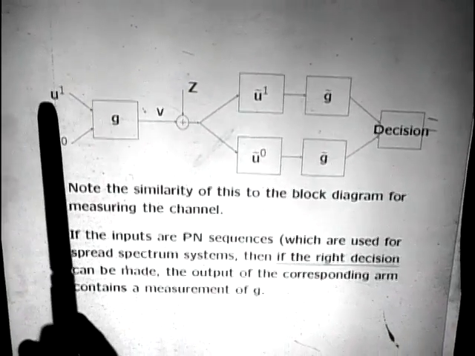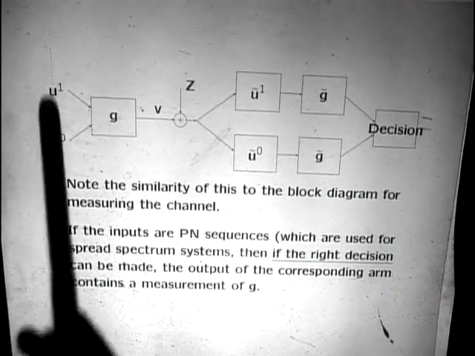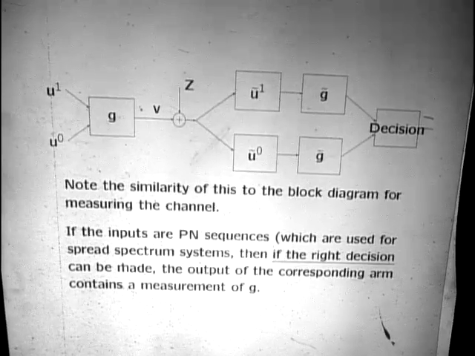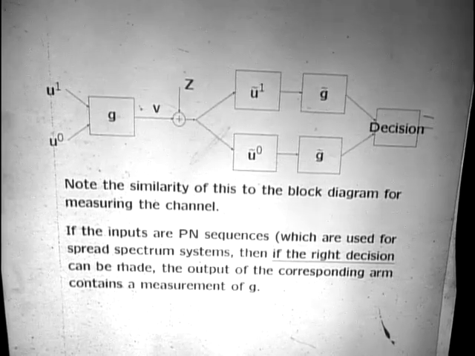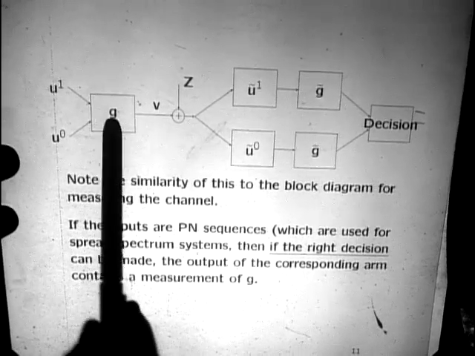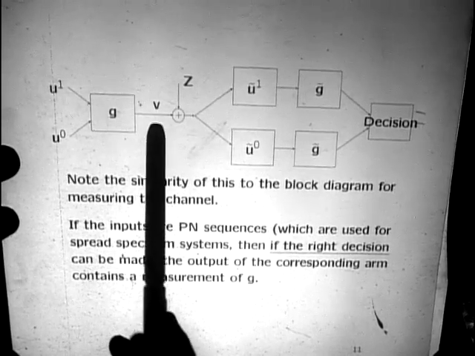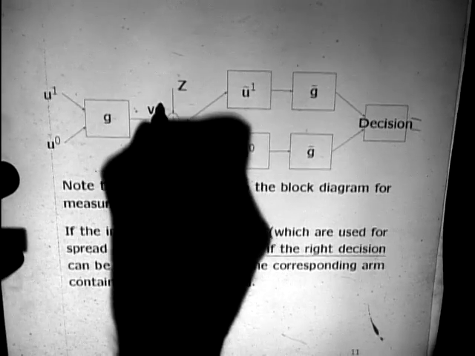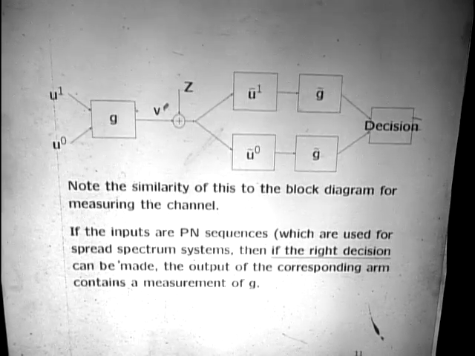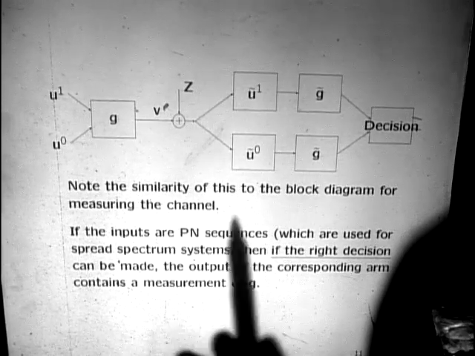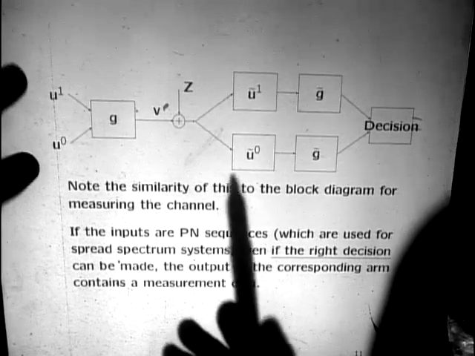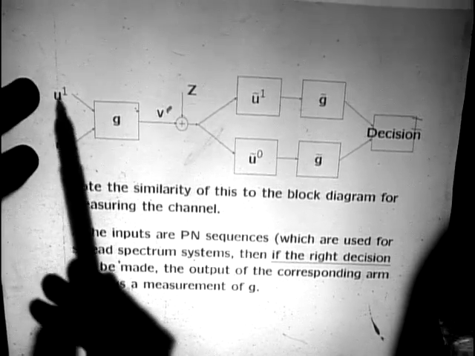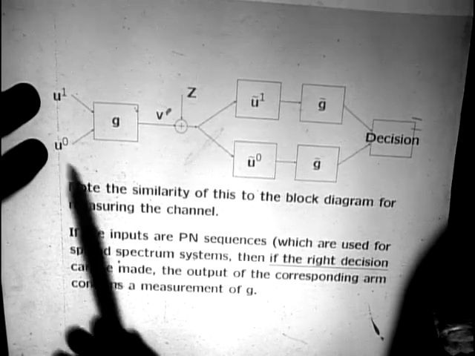So what you wind up with is the following figure. You either send U0 or you send U1. This is a way to send one binary digit, and we're sending it by using these long PN sequences. If U0 goes through G, we get a V prime out, which is the output before noise is added. We then add noise, and then we try to detect which one was sent.